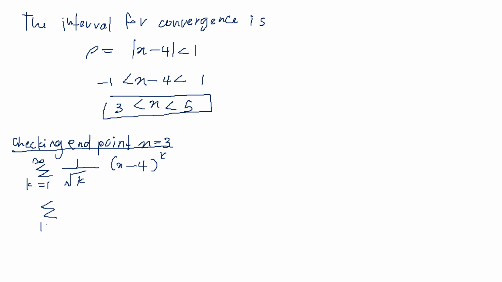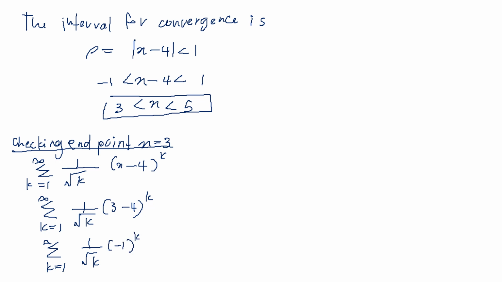So you will get 3 minus 4 to the power of k. So your series, you will get 1 over square root of k, and 3 minus 4 is negative 1, to the power of k.